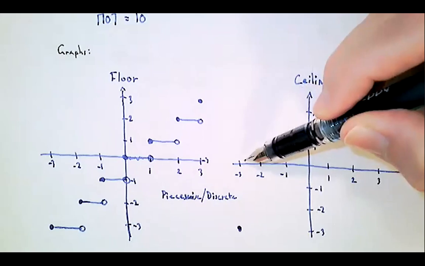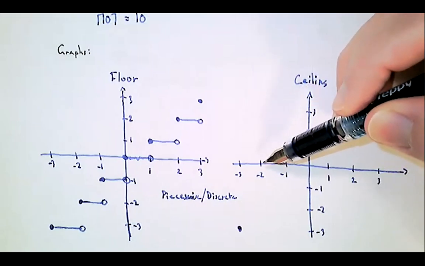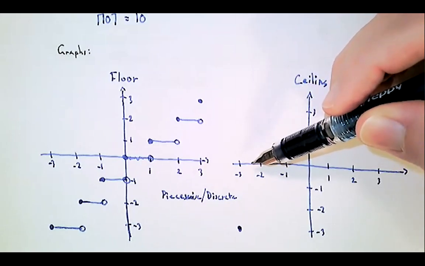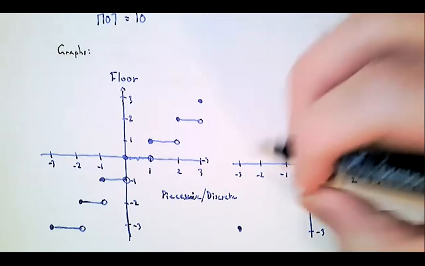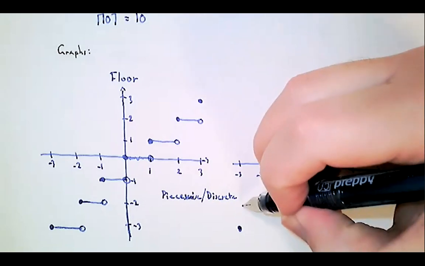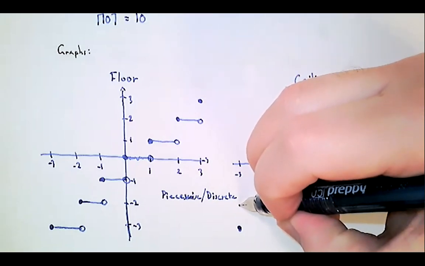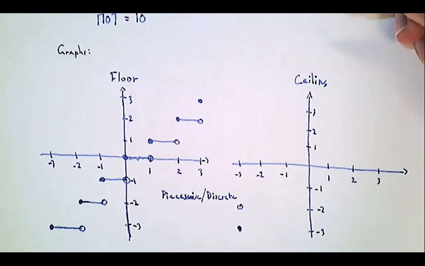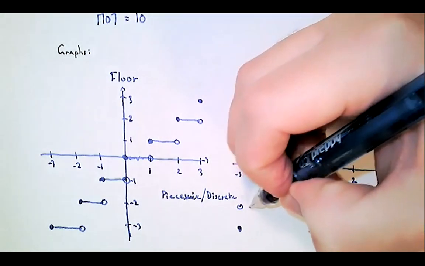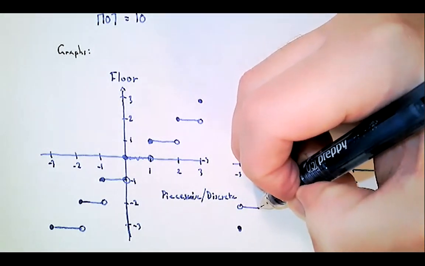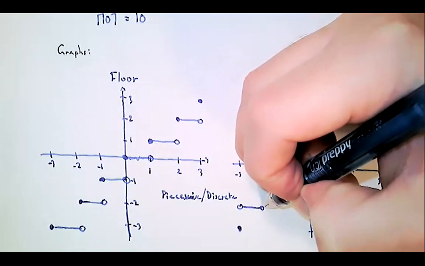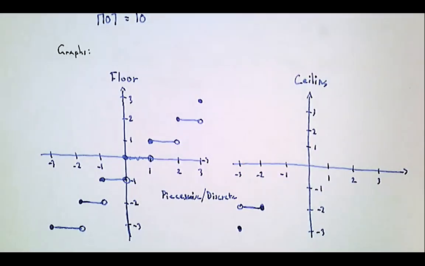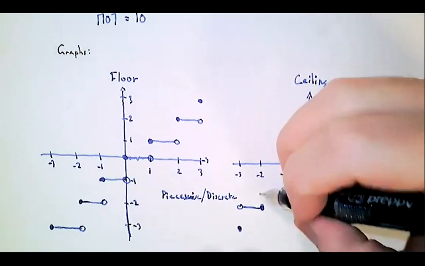But if we plugged in a number between -3 and -2, like say -2.5, all of those numbers would get rounded up to -2. So I could represent that by putting an open circle here and then a horizontal line segment all the way over to -2. And we know the ceiling of -2 is -2. And this pattern will repeat just like this other one did.